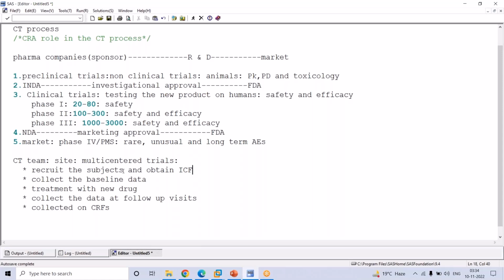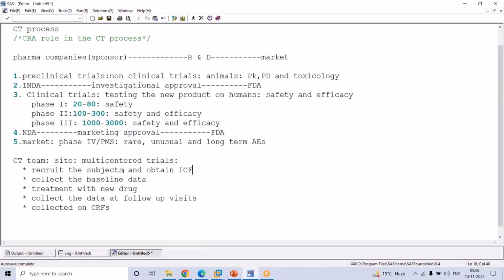Site people will explain the details of the study to subjects. Subjects will go through all the details: risk, benefit, duration, what exactly the treatment is, what exactly the drug is going to do, and payment and compensation details.